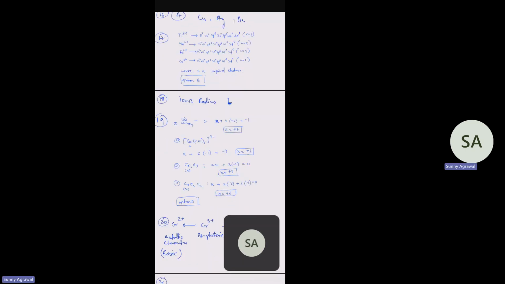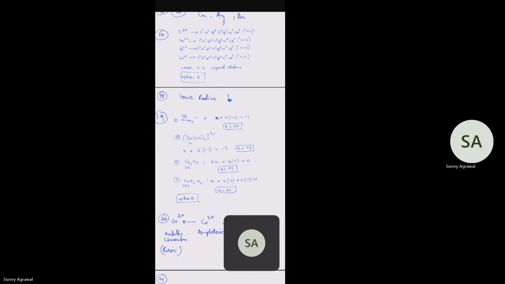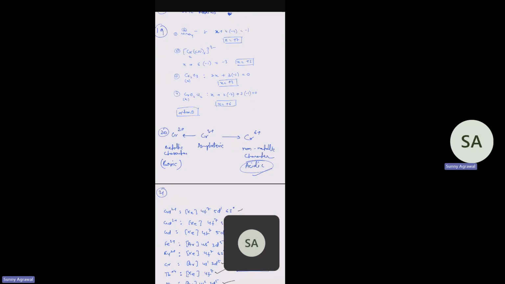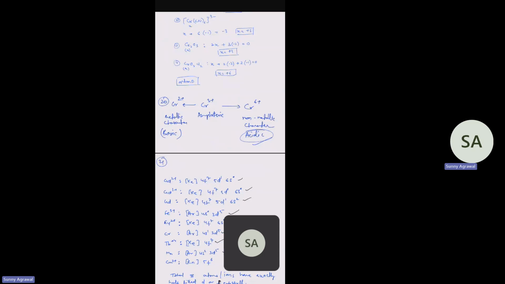Question number 19. Which of the following has plus 6 oxidation state? You have to check the oxidation state of the different metals in these compounds. Option D, where Cr has plus 6 oxidation state, is the correct answer. Question number 20. CrO3, what is its nature?